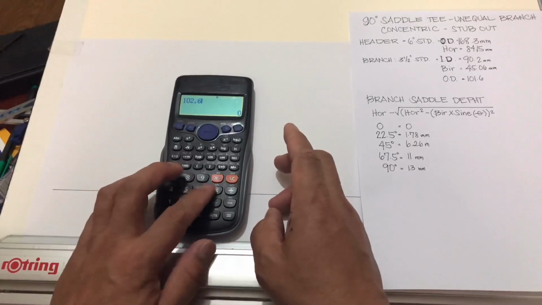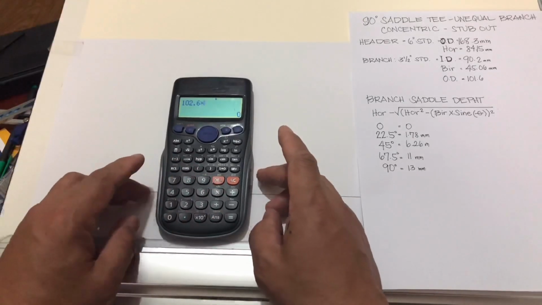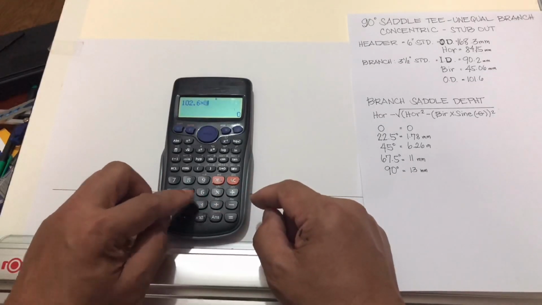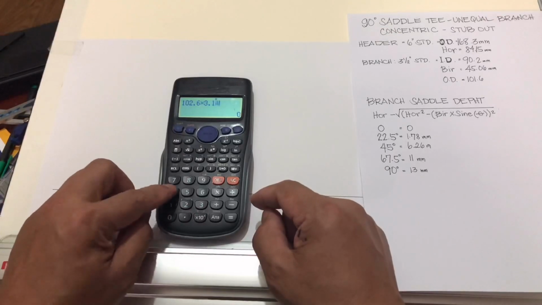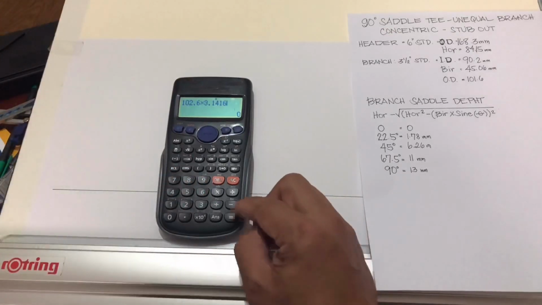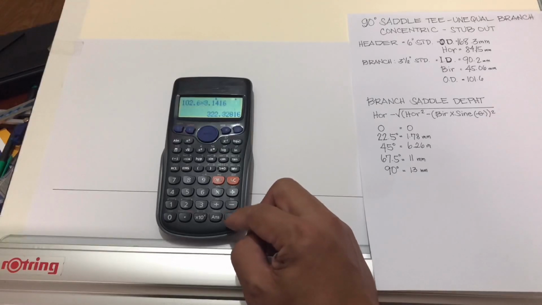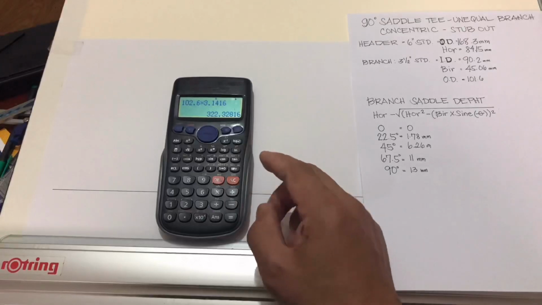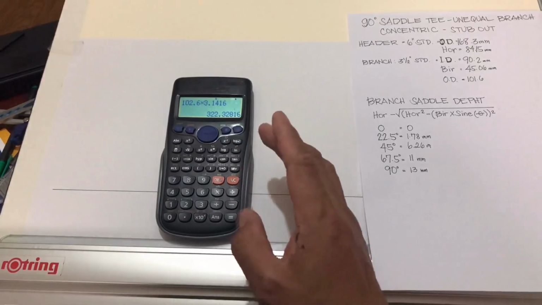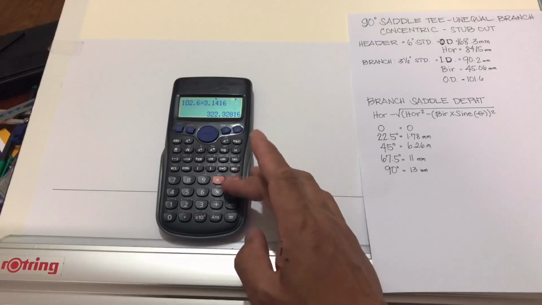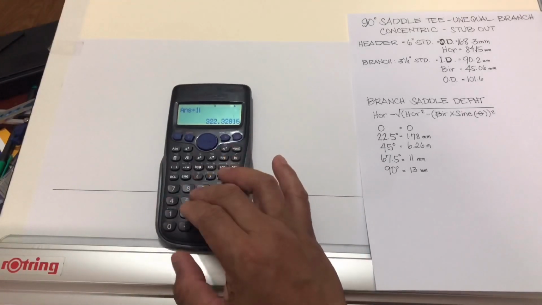So that will be 102.6 multiplied by pi, which is 3.1416 equals 322 millimeter. So we will divide it by 16 divisions.